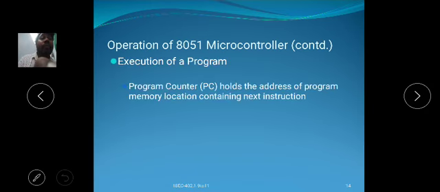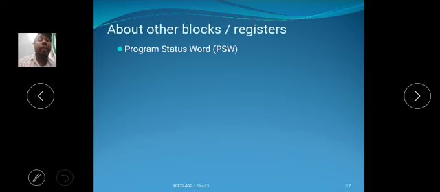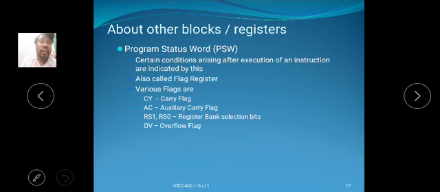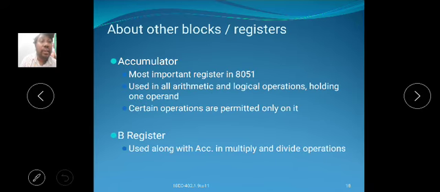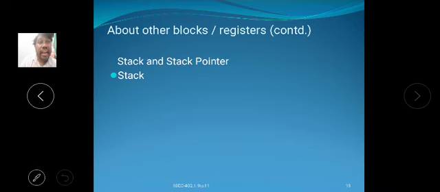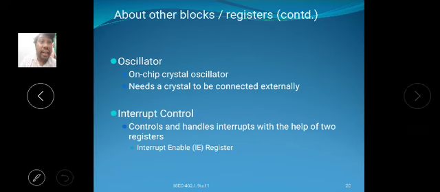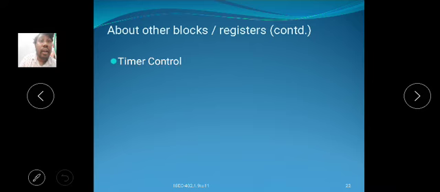Then execution of the program, how to execute the program in the microcontroller. The program status word is an important block. Next one is the accumulator, then the B register, stack and stack pointer, oscillator, interrupt control, serial port control, and timer control.